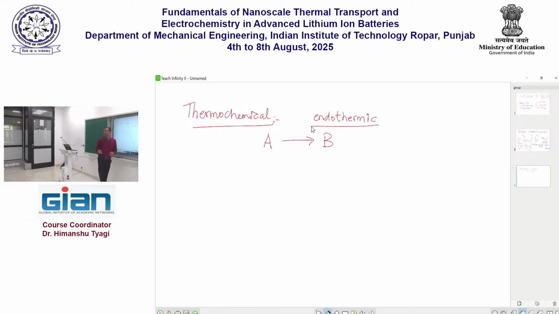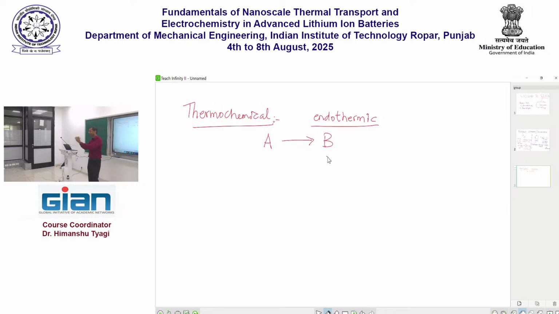What does endothermic mean? It absorbs heat. So suppose there is some endothermic reaction that absorbs heat. I will carry out that reaction which will absorb this extra heat that I have, right? And that energy that I have will get locked into the bonds in B.